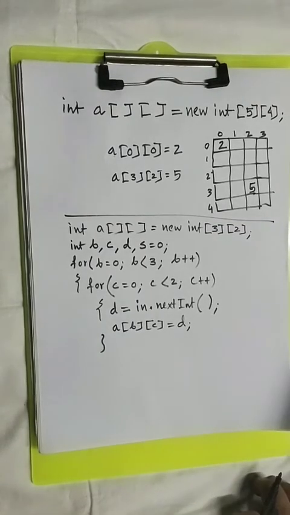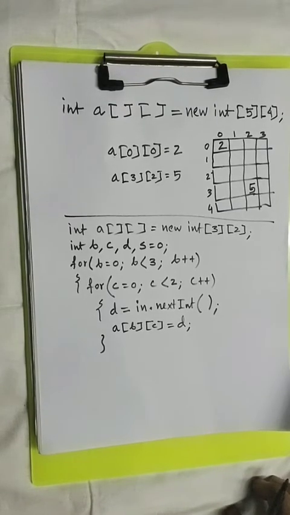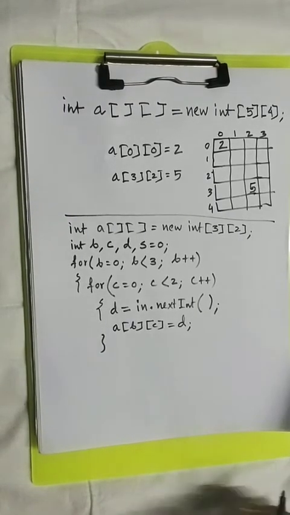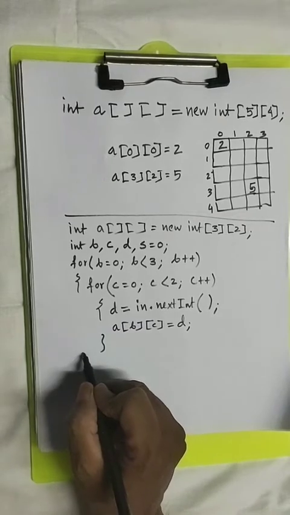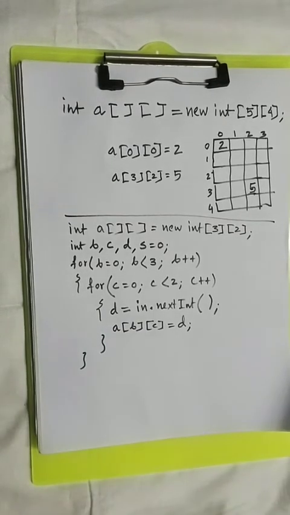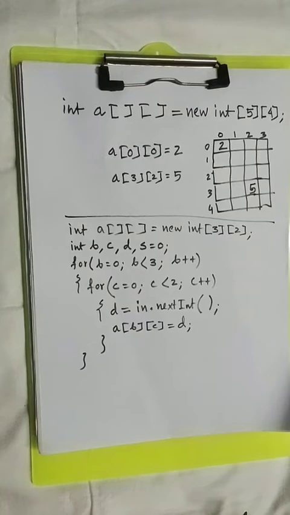I complete the inner loop, the second for loop. So values in all the columns of B number row is already entered. Then I close the first for loop. So all the 6 integers are entered in the array.